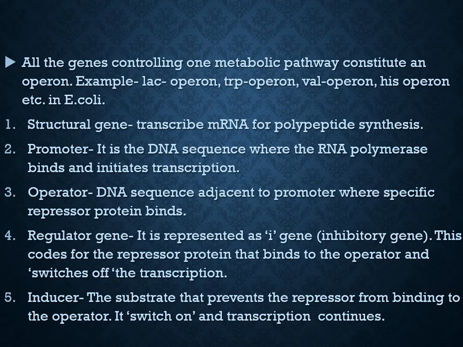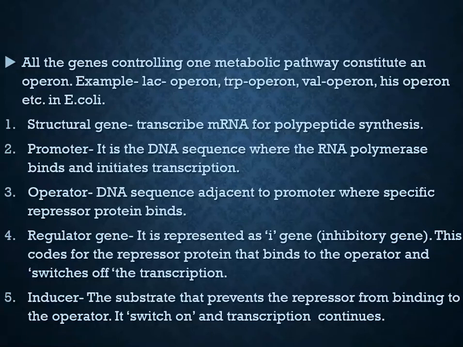So what are structural genes? Structural genes transcribe the mRNA for the amino acid sequence of proteins. Second is the promoter gene. The promoter gene is a sequence of DNA where the RNA polymerase binds and initiates transcription.